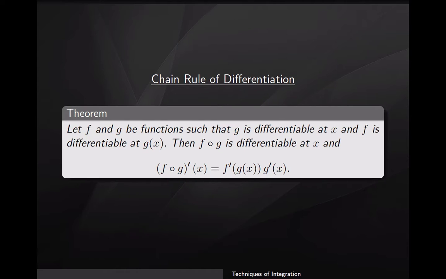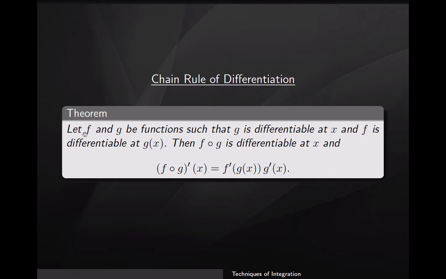Now if you recall the theorem from your calculus class, the chain rule is about composition of functions. When you compose two functions, f composed with g, the derivative of that is the derivative of the function f evaluated at g times g prime of x. Some books say it's the derivative of the outer times the derivative of the inner.